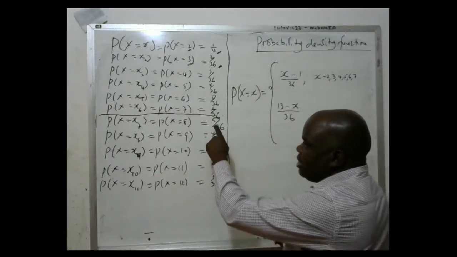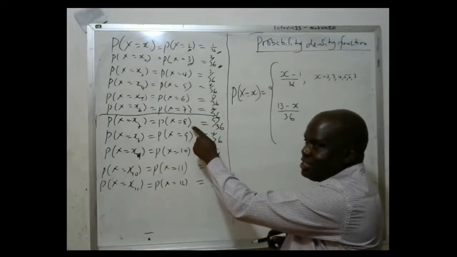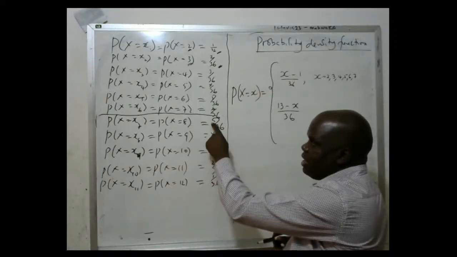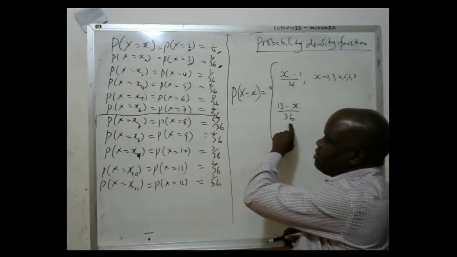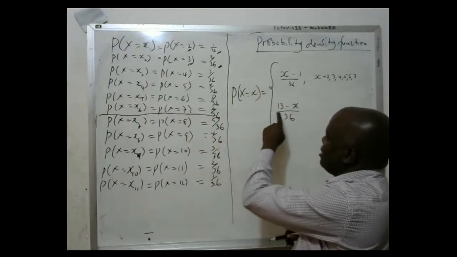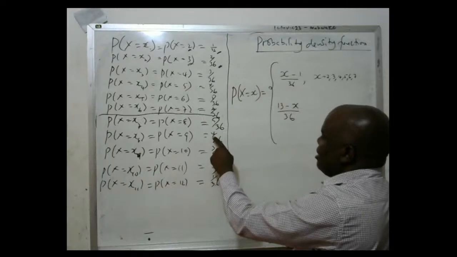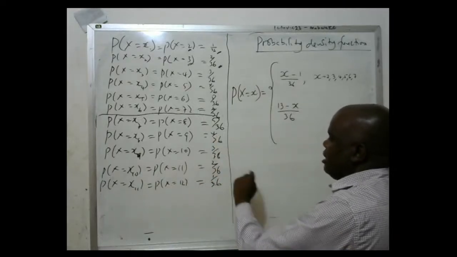You study how you get this. The link is that 13 minus this gives that 5. So I will say 13 minus 8 over 36. Then the next one will be 13 minus 9, I get 4. 13 minus 10, I get 3. 13 minus 11, I get 2.